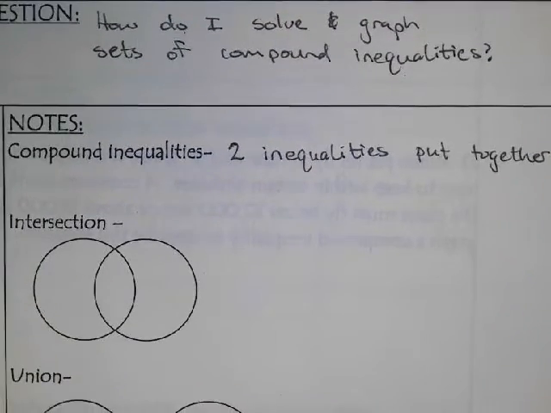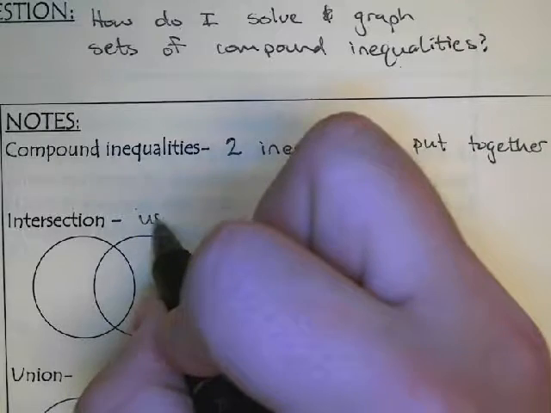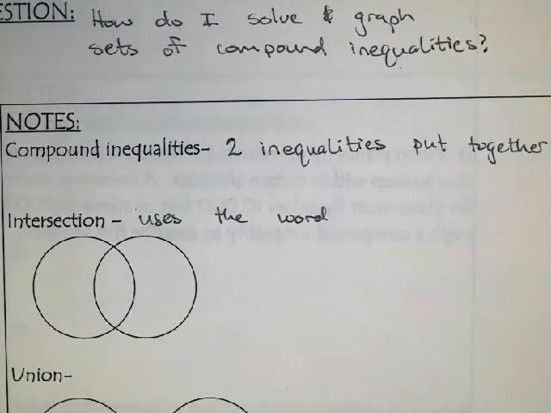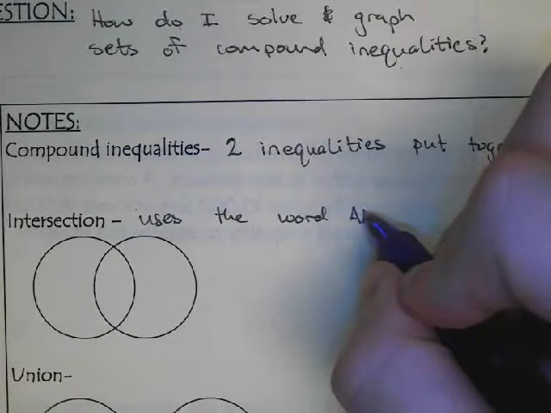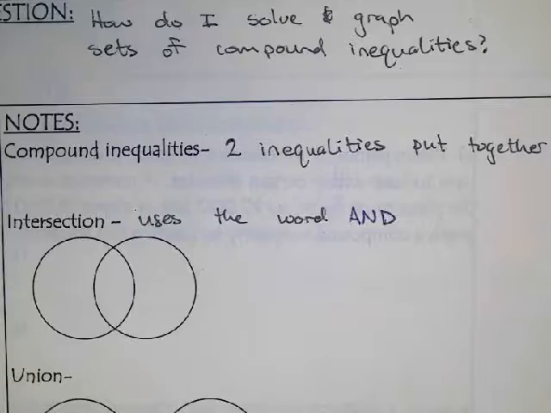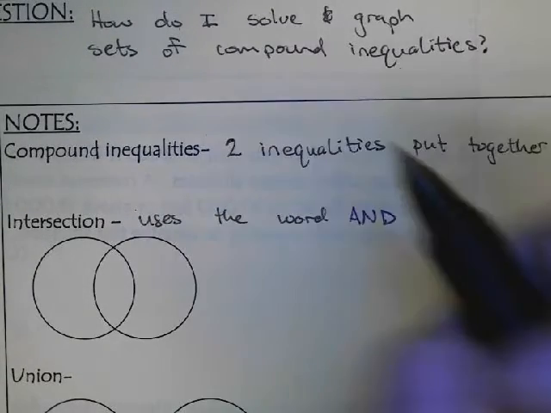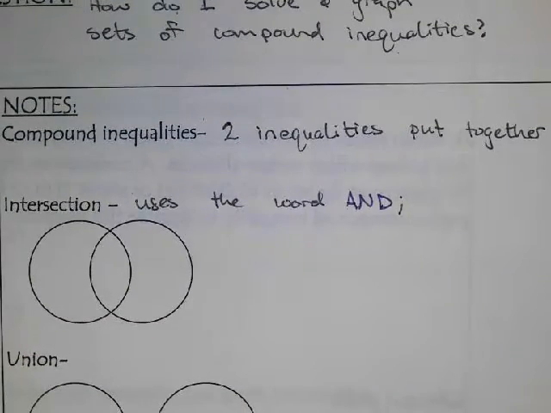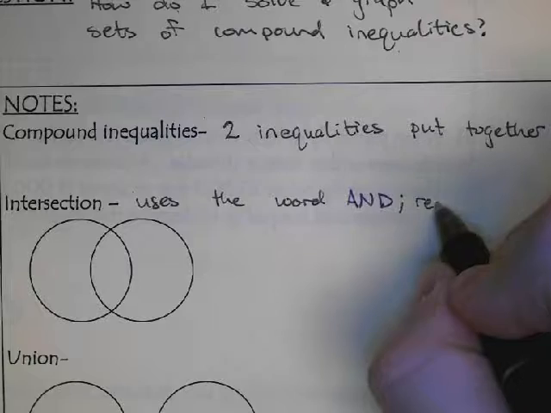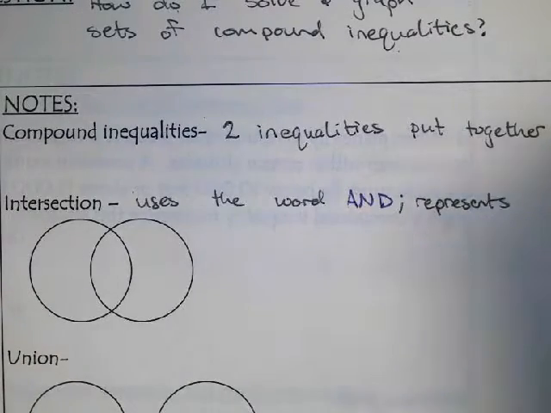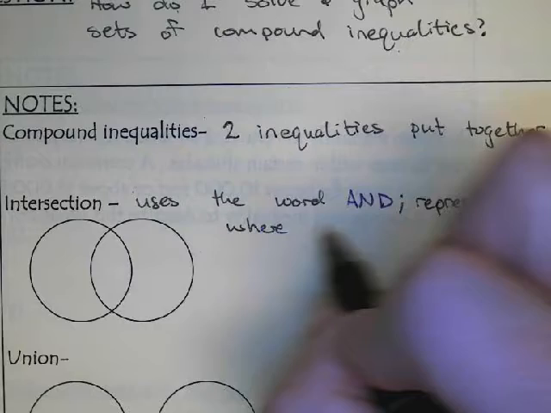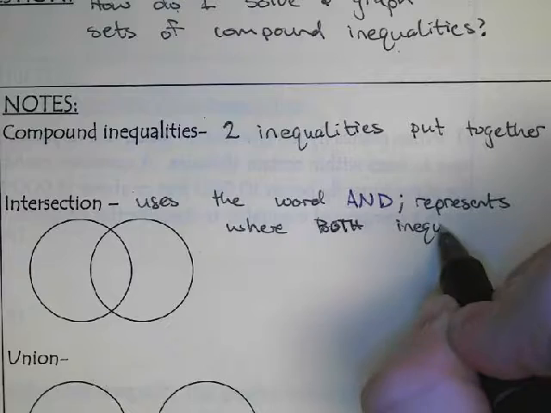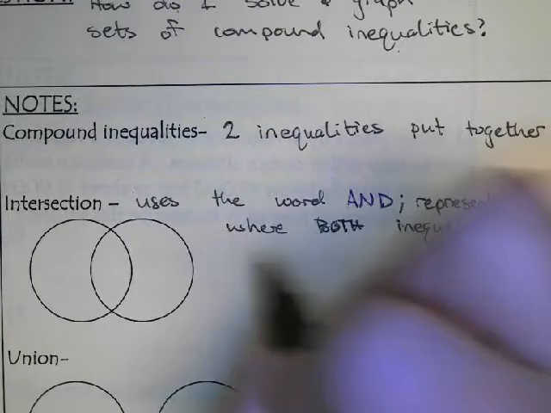An intersection uses the word "and," and this represents where both inequalities are true.